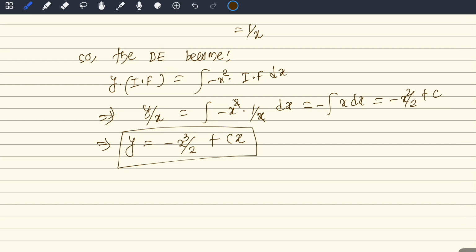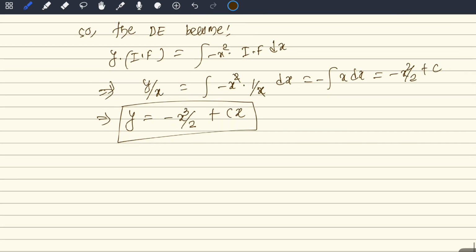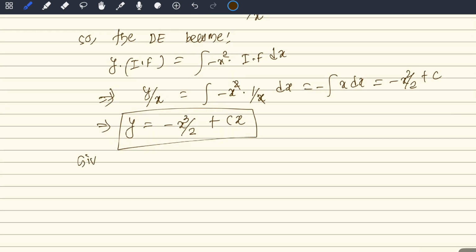This is my y. Now in order to find c, one condition is already given, y of 1 is equal to 0. That means when x is equal to 1, y should be 0. So if I put this in the differential equation, I get 0 is equal to minus 1 by 2 plus c. So this implies c is equal to 1 by 2.